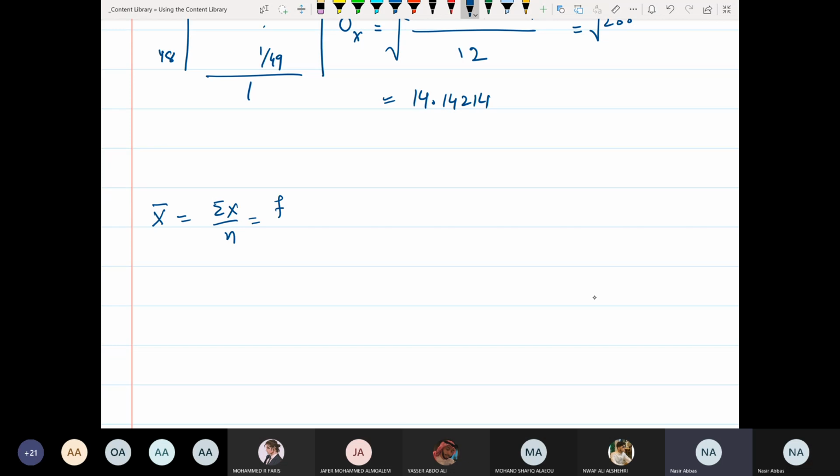Or if there are frequencies, this is summation fx over summation f. And here in the class, the mean is denoted by expected value of x or mu of x, and this is summation x times f of x. These two are different things. What is the difference? Both of them are called mean. I left you with this question, and I'll still not tell you the answer. Remind me in the next class again if you don't get the answer.